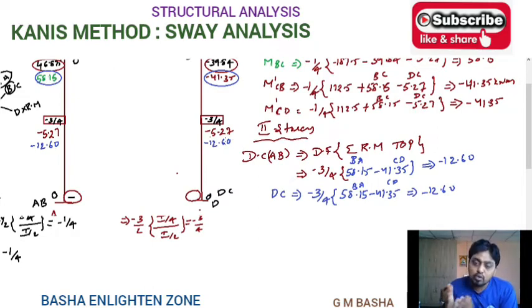Like that you have to solve trial 3, trial 4, trial 5. So how many trials do you have to do? As many trials as it takes until you get repeated values. For example, if you get repeated values in the third trial, you can stop there. If you get repeated values in the fourth trial, you solve up to then. So remember one thing, while solving the third trial, you will get the second trial rotation moments and displacement factors.